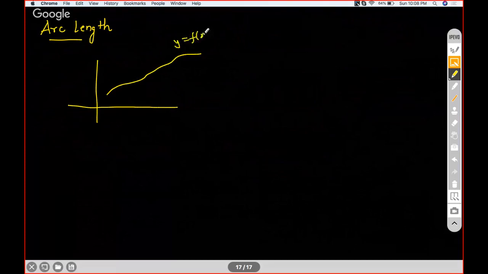Okay, now we are moving to the next part. Volume is all done. Now we are into the arc length. Arc length is where you find out, let's say I give you a curve y is equal to f of x, and I ask you, what is the length of the arc from here to here?